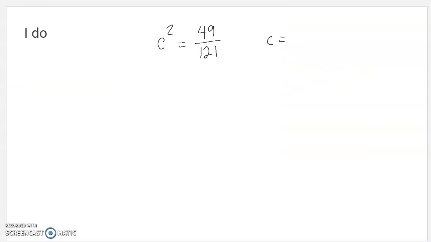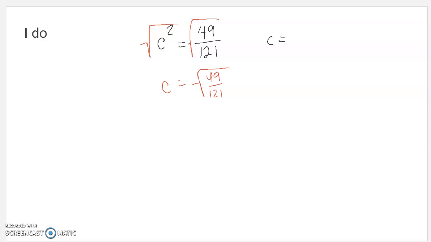Another one, same thing here. Well, this looks even worse. Like 1/4 isn't even a scary fraction. 49/121. That's a pretty intimidating fraction. But same process. The inverse operation of squaring is square rooting. So x is going to be whatever the square root of that scary looking fraction is.